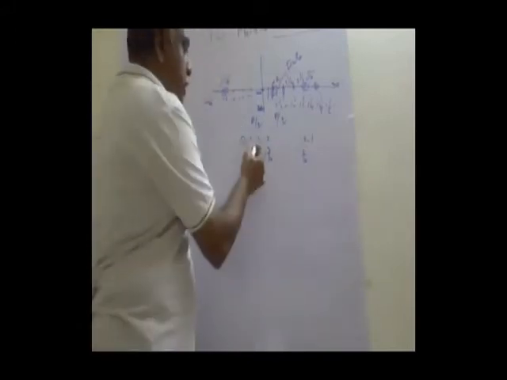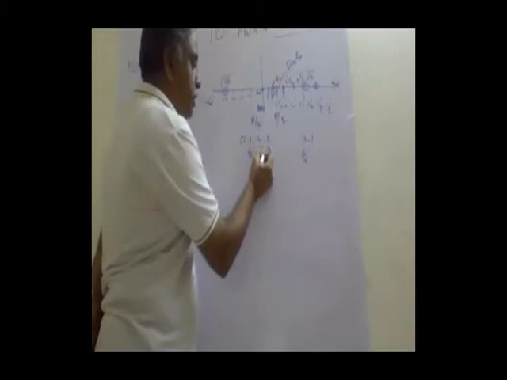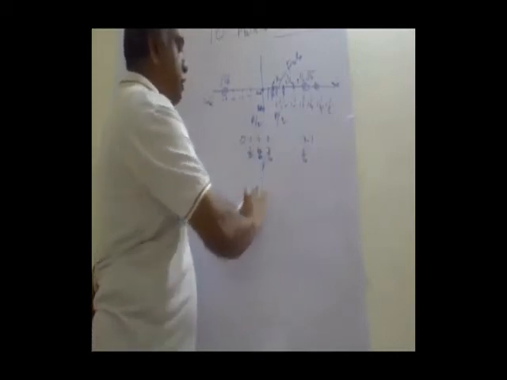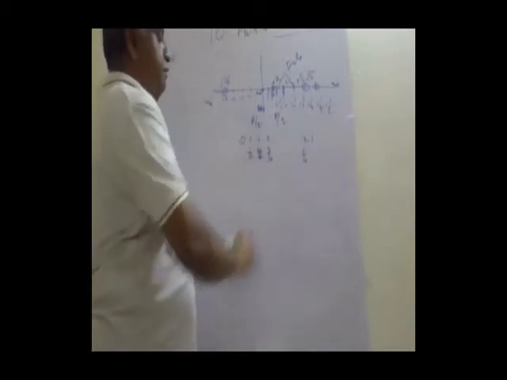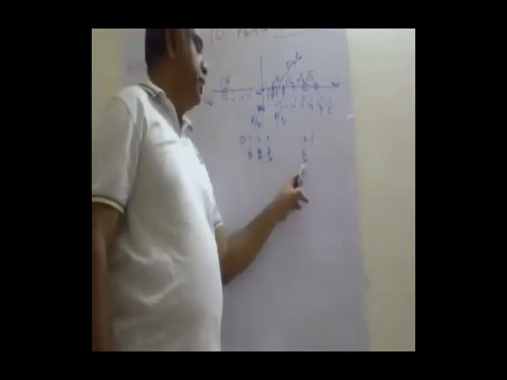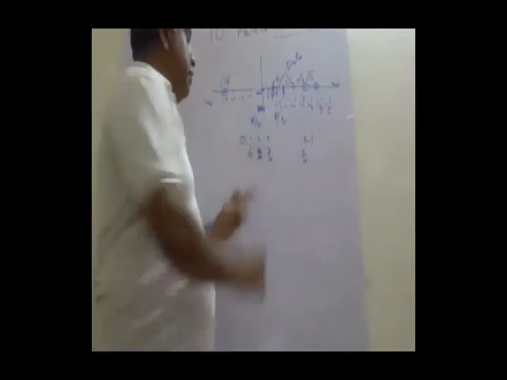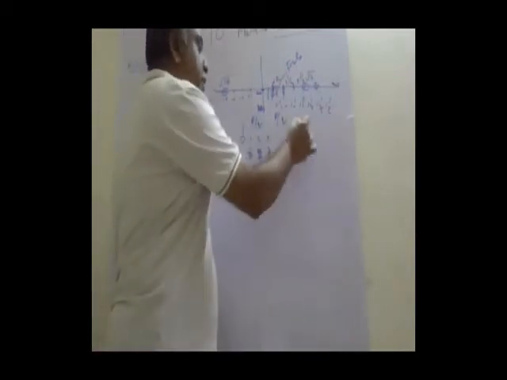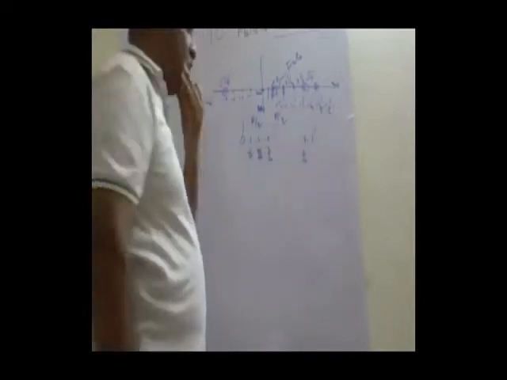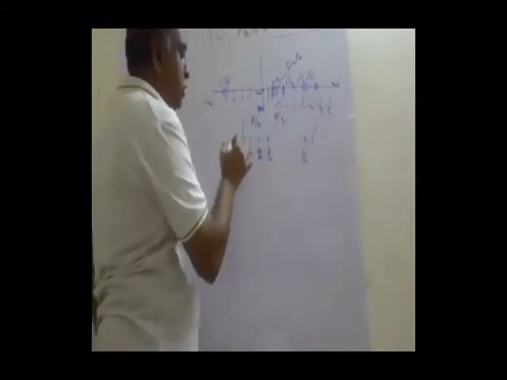2 by 10 can be further simplified to 1 by 5, but we'll keep it as 2 by 10 to understand the concept. So 1 by 10, 2 by 10, these are the rational numbers between the numbers 0 and 1. Now, I want some more rational numbers between 0 and 1 by 10.